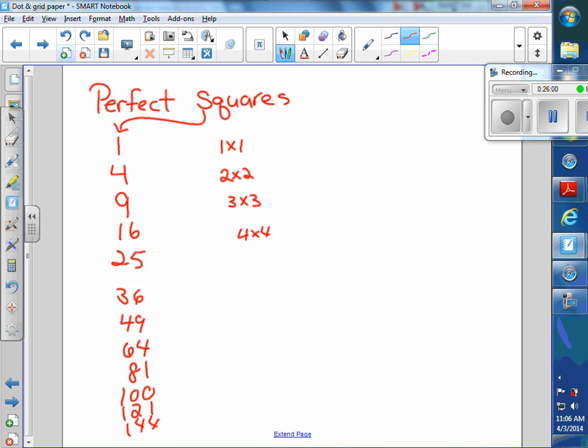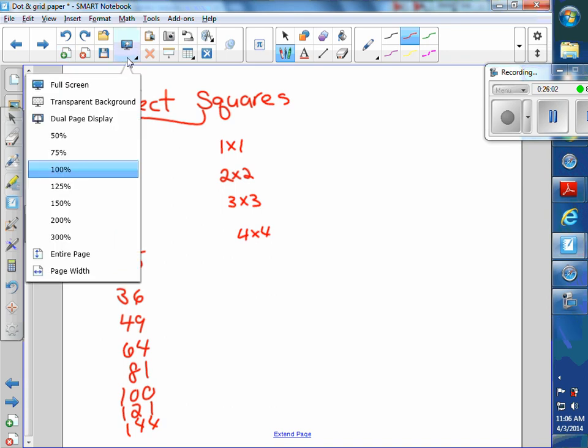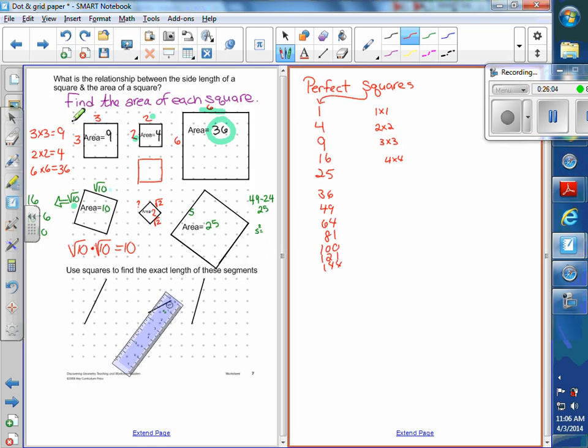Now think about some of the areas we've got on this page, like the square root of 10. Well, there's no way to get the exact square root of 10. All we know is that the square root of 10 has to be bigger than the square root of 9 and smaller than the square root of 16.